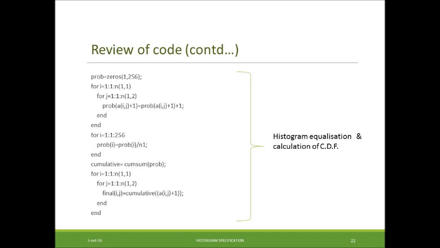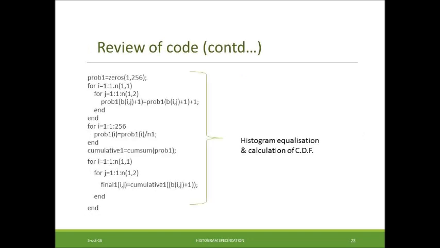Here we represent the intensity level of the image at 256 levels. Here two for loops are required for calculation of the cumulative distribution function and one for loop for calculating the histogram equalization. Now the same code is repeated for the input image as well as the reference image. That is, the first step is histogram equalization and after that calculation of CDF.